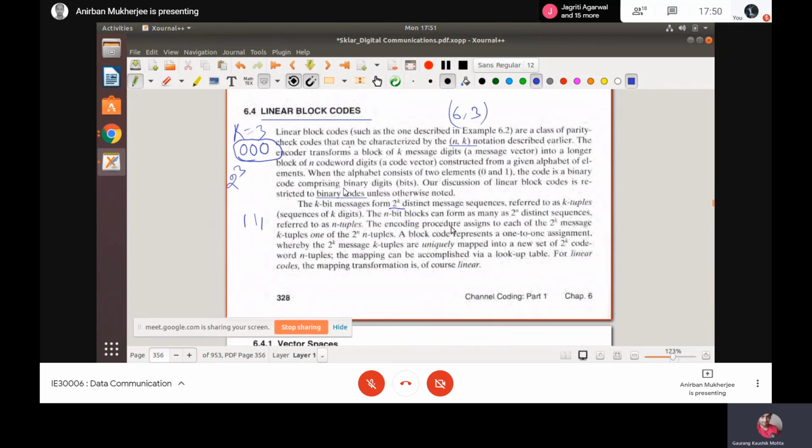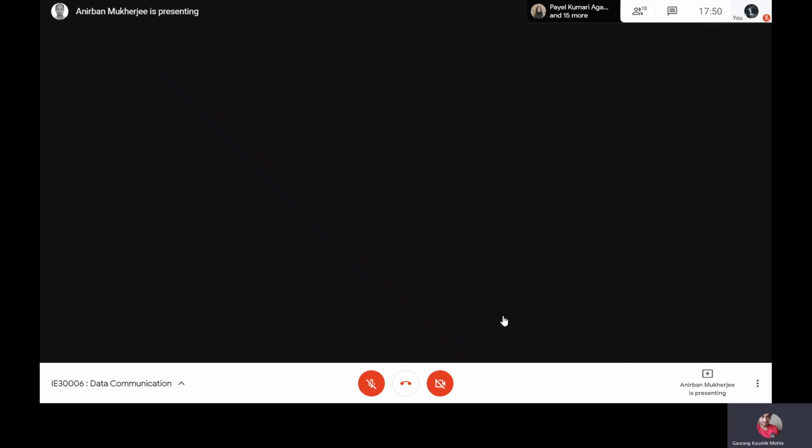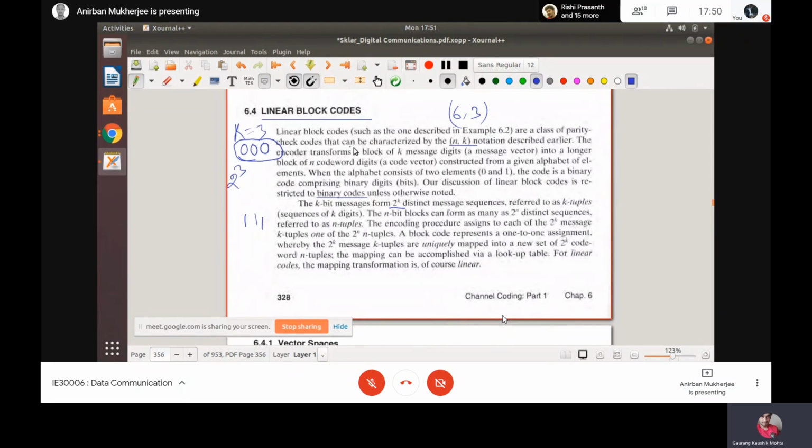Okay. Now this sequence of k bits, I will convert to a sequence of n bits. So that is, a sequence of 3 bits, I will convert to a sequence of 6 bits by adding some extra bits.